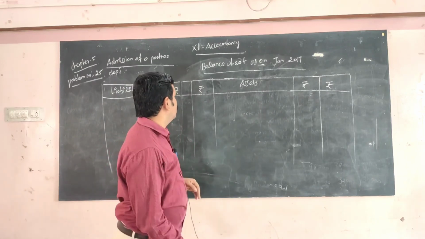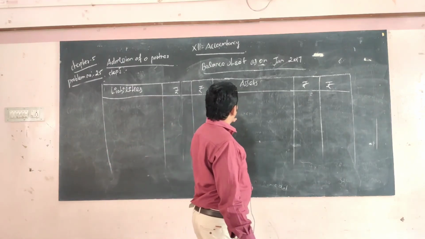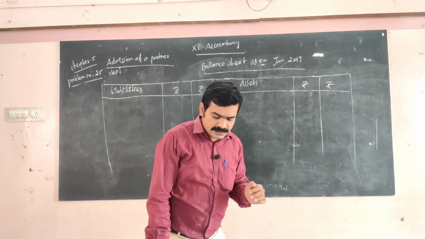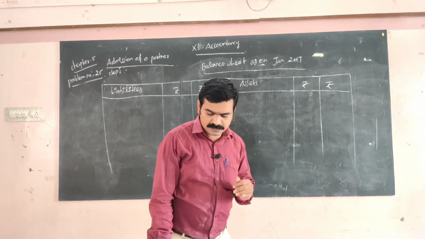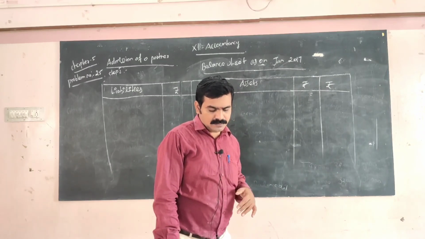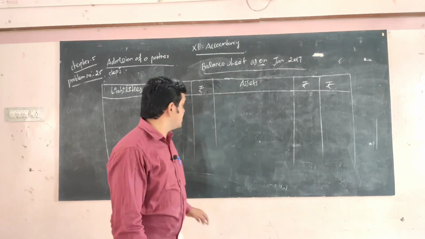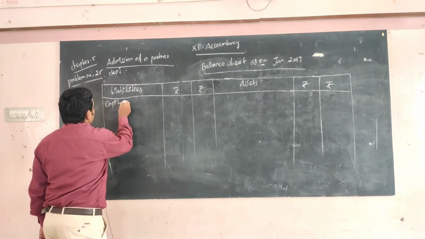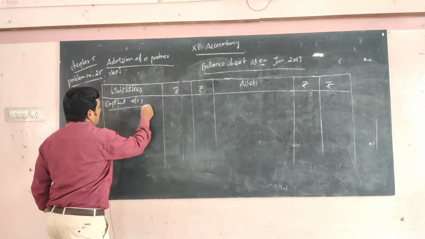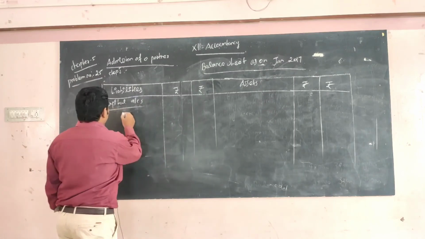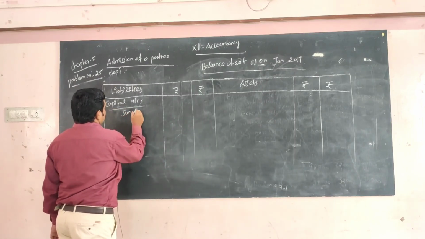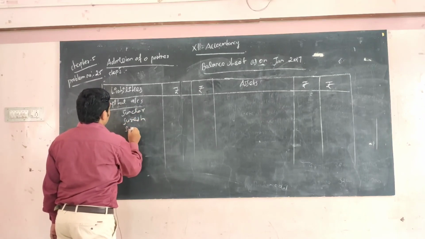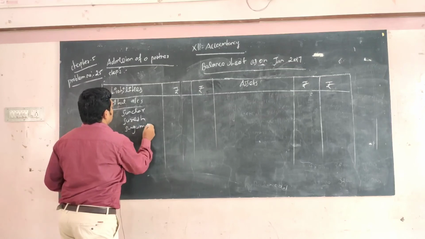Now, first on the balance sheet, the liability side: capital accounts. We already calculated them: Sundar, Suresh, Sukumar.